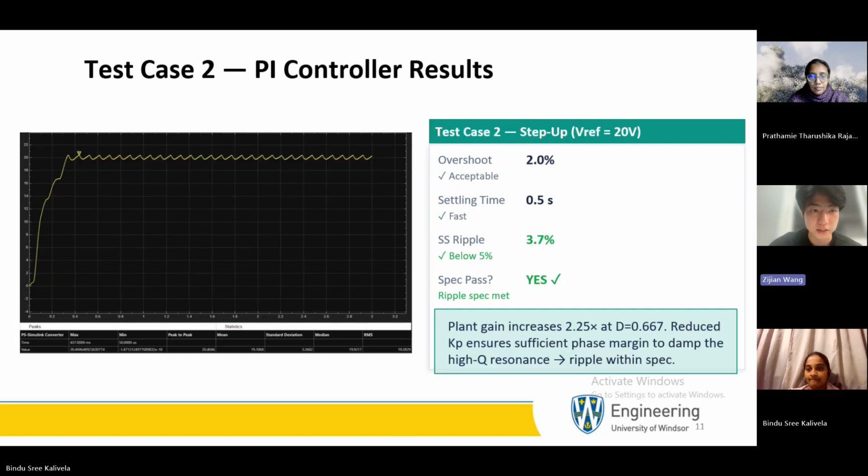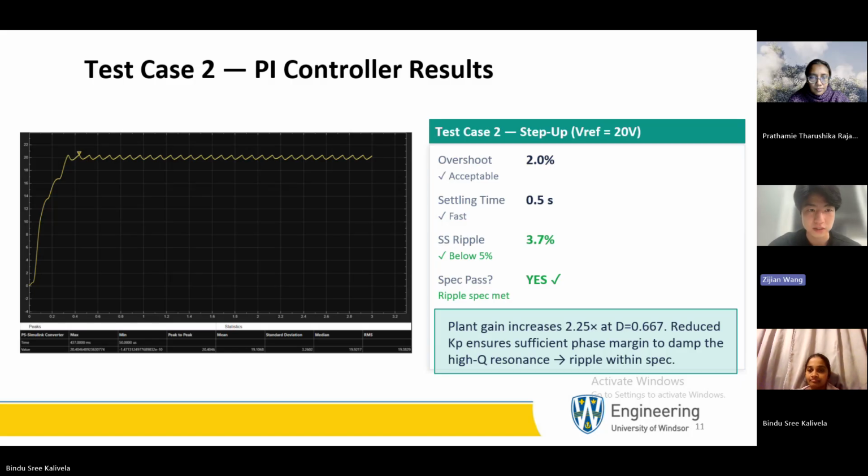For the step case at 20 volts, the results are also good. Overshoot is 2.0%. Settling time is 0.5 seconds. And steady state ripple is 3.7%, still within the 5% limit. The operating point also passed.